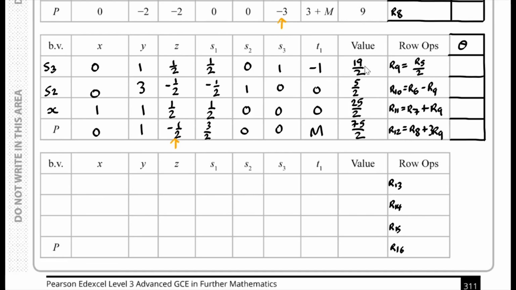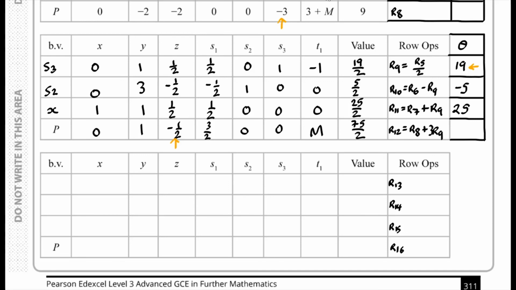So we have 19 over 2 divided by 1/2, that's 19. 5 over 2 divided by minus 1/2, that's minus 5. 25 over 2 divided by 1/2, that's just 25. And you'd find the smallest value, the smallest positive value, you'd find that to be 19.